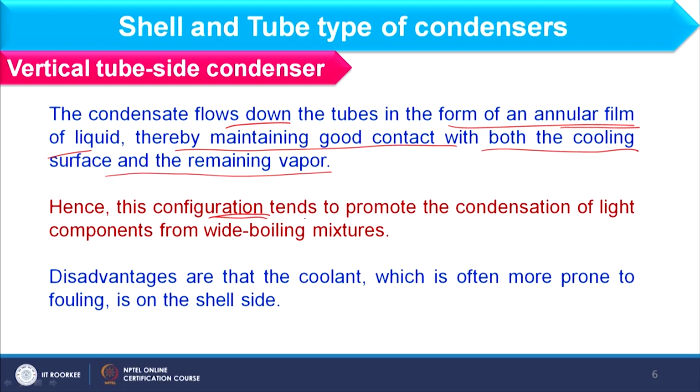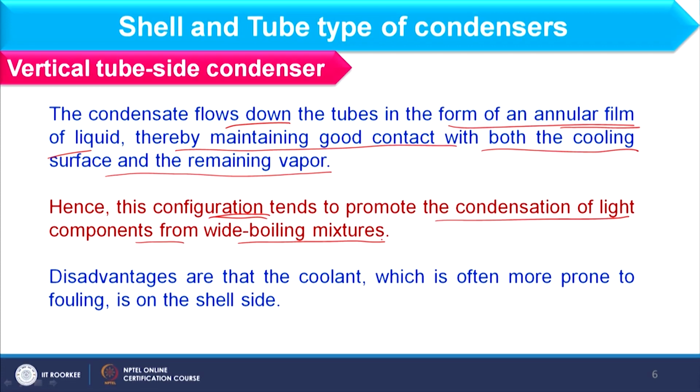So, when it appears at the surface, it is in better contact with the coolant which is available in shell side and with the vapor which is available in the annular space in the tube itself, right. So, this configuration tends to promote the condensation of light component from wide boiling mixture.